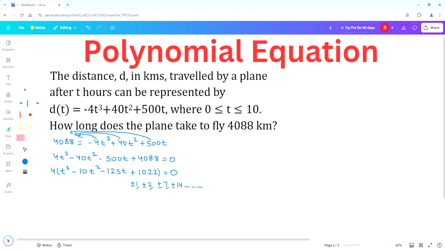The list of these factors are the possible t values for which the value of this polynomial is equal to 0. We have to find a t value from this list for which this polynomial value is equal to 0. Let's assume the cubic polynomial can be represented by function f(t).